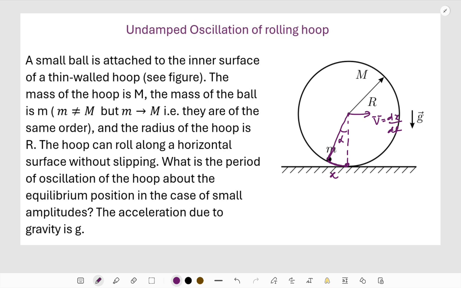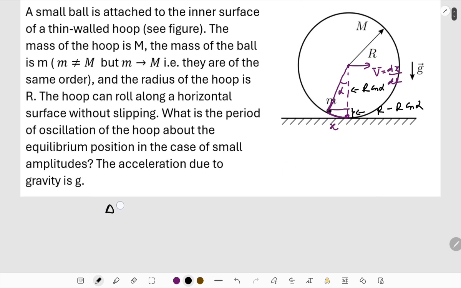Only the gravitational potential energy of the ball has changed, and the ball has come up by this distance. Since this length can be written simply as R cos alpha, this length is R minus R cos alpha. So the change in gravitational potential energy of the hoop plus ball can be simply written as mgR(1 minus cos alpha).